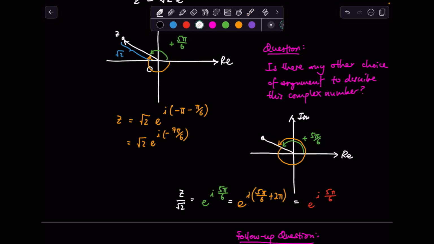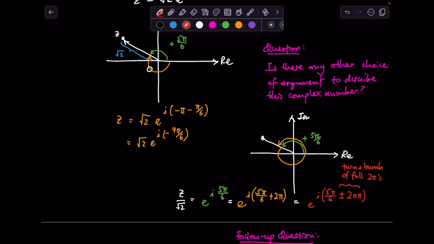So it turns out that we can add or subtract, basically turn anti-clockwise or clockwise, a bunch of 2 pi, so 2 pi times n, or 2n pi. So we can turn a bunch of full rounds, or full 2 pi's.